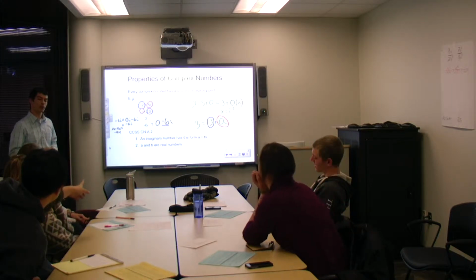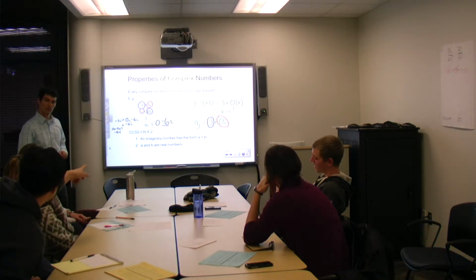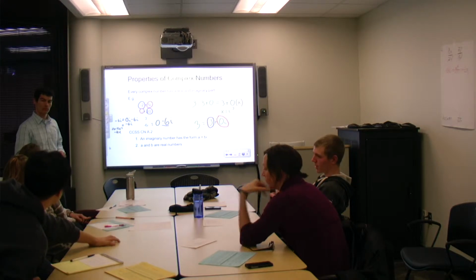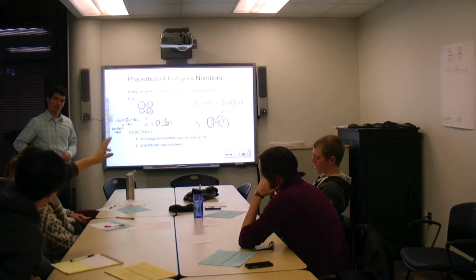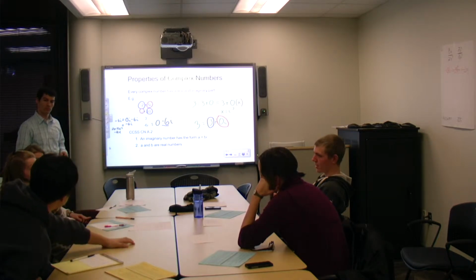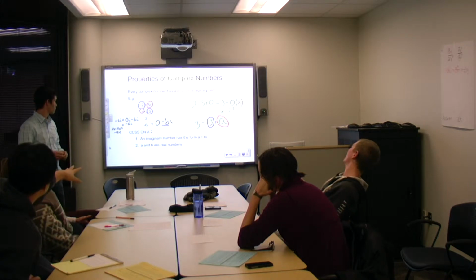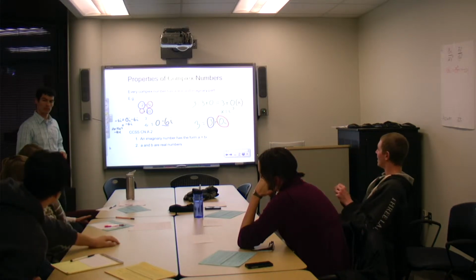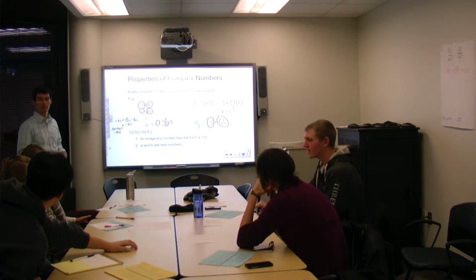Okay, and why can't we find the real part? Because we can add 0, but we also can add 0 times i. Why in this case do we add 0 times i, and in this case we just add 0 instead of 0 times i? You could add 0 times i.